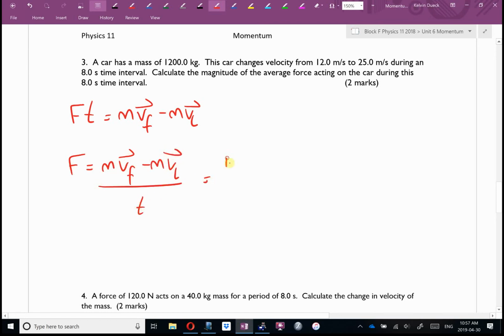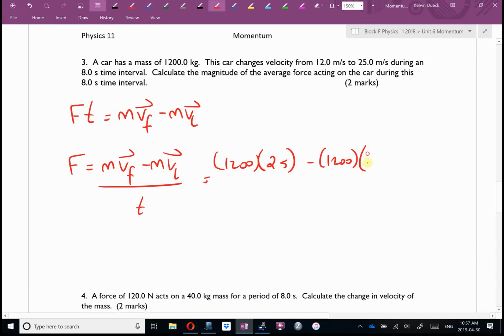The mass is 1200. The final velocity is 25 minus 1200 times the initial velocity. I did a quick check. I don't see any changes in direction, so I called the 25 positive.